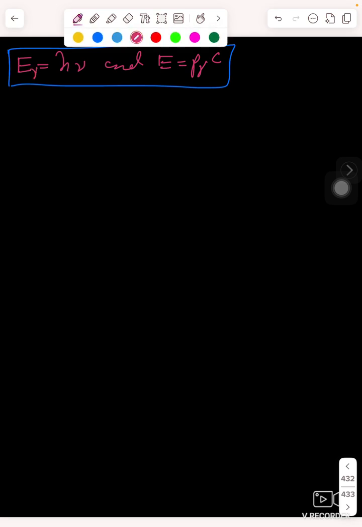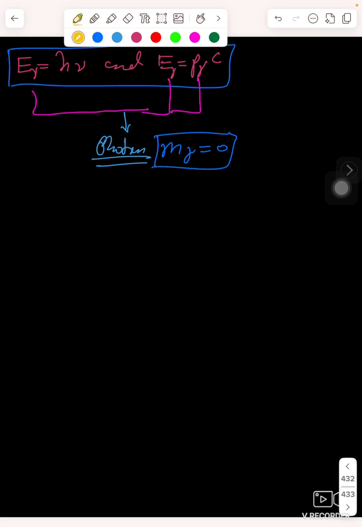Yeah, that's fine. Now you might wonder why I'm writing these symbols over here. Actually, this symbol stands for photon. We're talking about a photon because a photon has zero mass, not rest mass, zero mass when traveling at a certain speed.